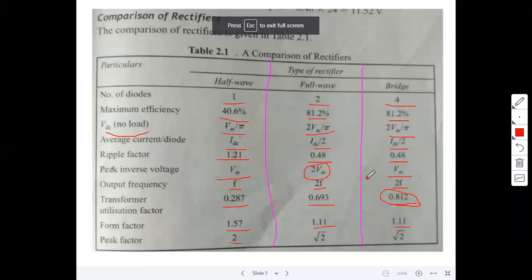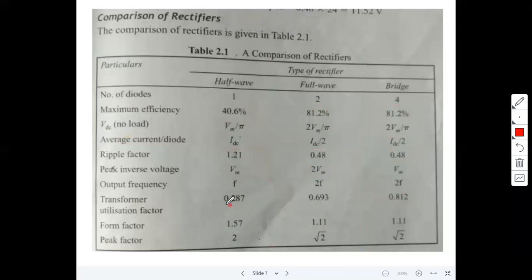Once again, the important parameters for comparison: here it is efficiency. Here the important one is the transformer utilization factor: 0.287, 0.693, 0.812. And the ripple factor is also important: 1.21, 0.48, 0.48.